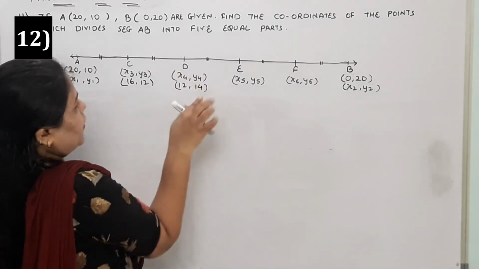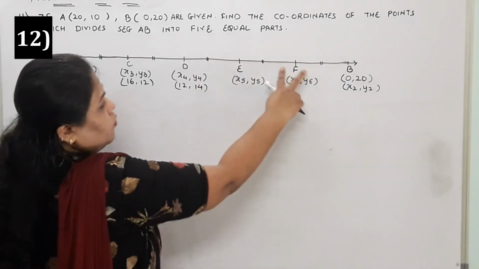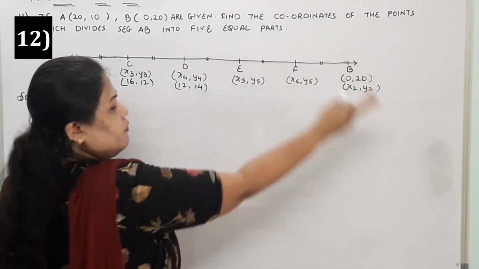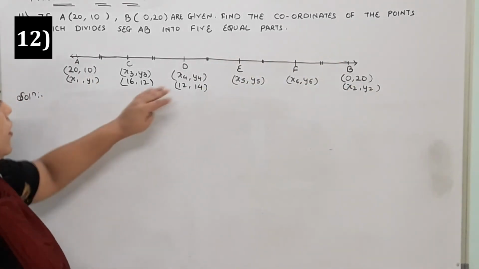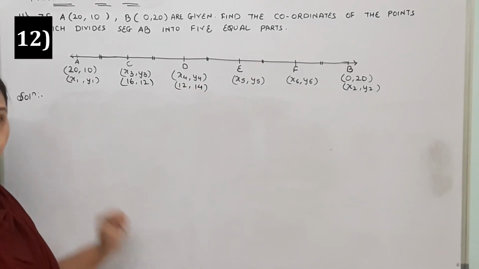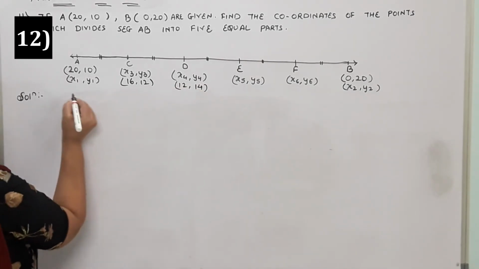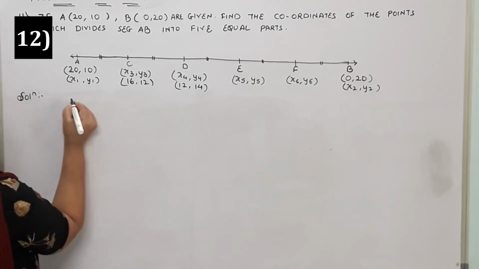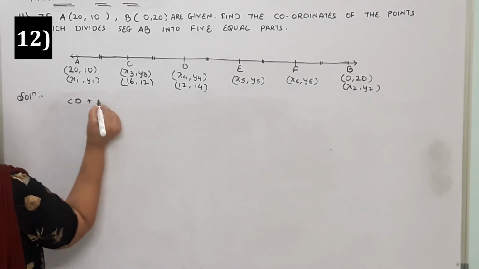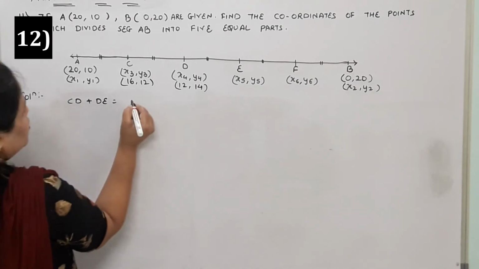Because here also two parts are there, CD and DE, and to the other side also EF and BF are there. Okay, so we'll take E as the midpoint of seg BC, right? So write down, CD plus DE is equal to CE.